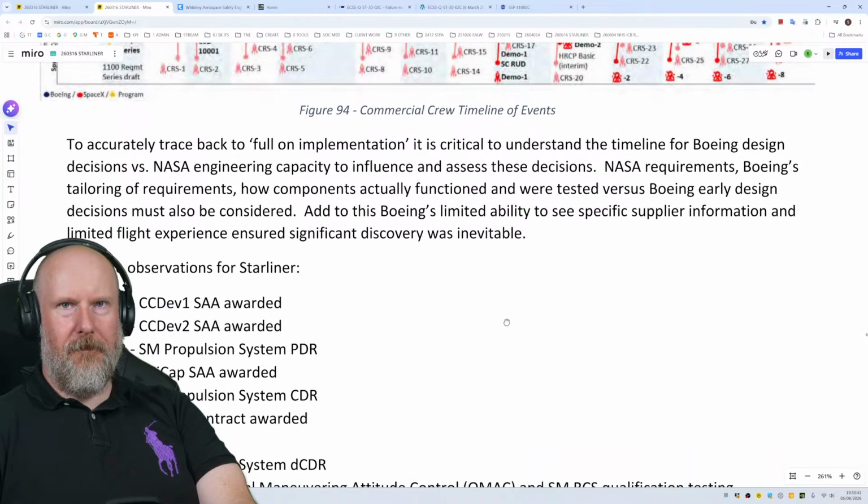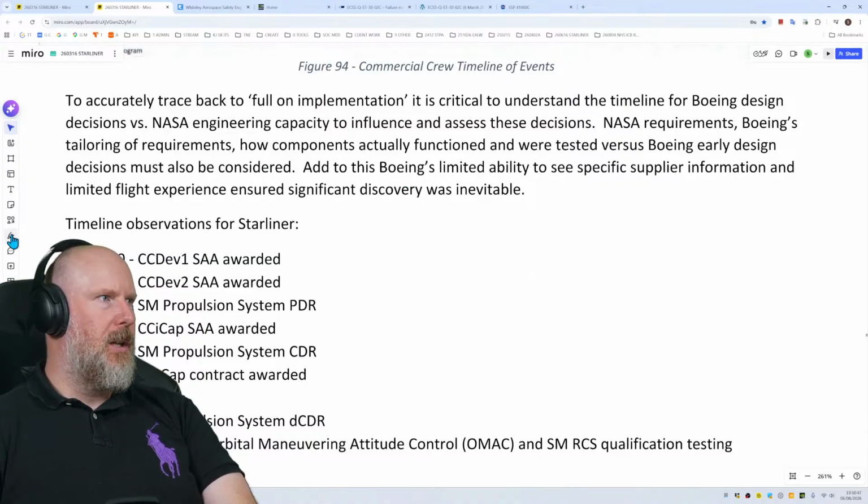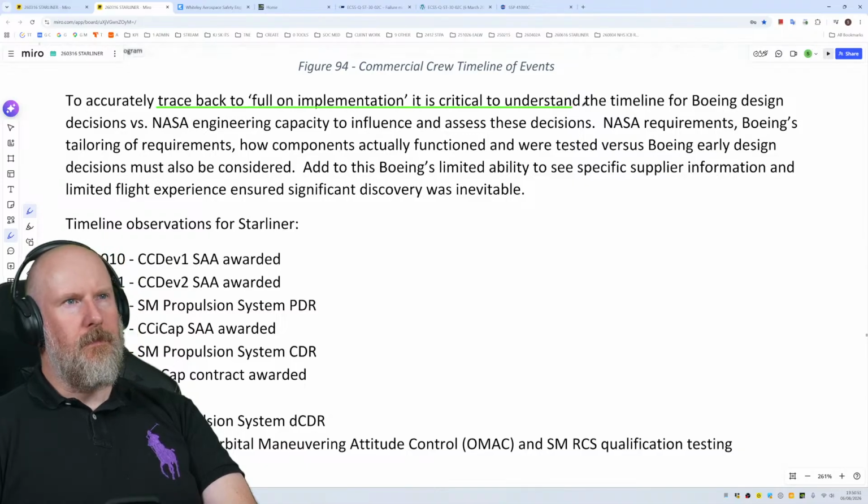Let's not do that. To accurately trace back to full-on implementation, it is critical to understand the timeline for Boeing design decisions versus NASA engineering capacity to influence and assess these decisions.